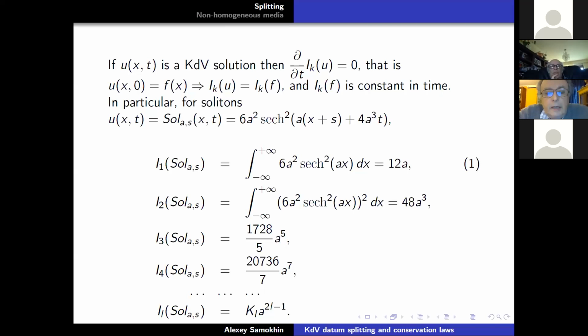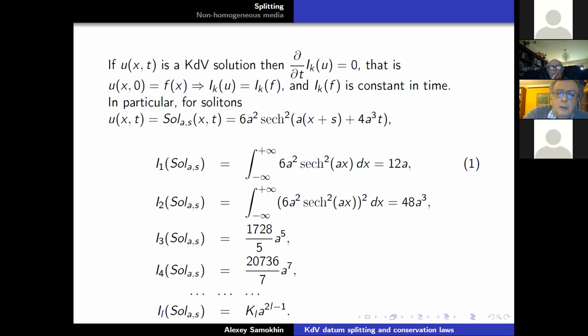The second slide shows which constants are conserved for the soliton. The soliton is described by 2 parameters. One is A, which has a relation with the amplitude and velocity, and the second one is S, which is shift.